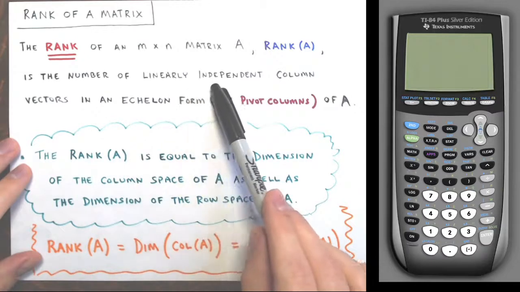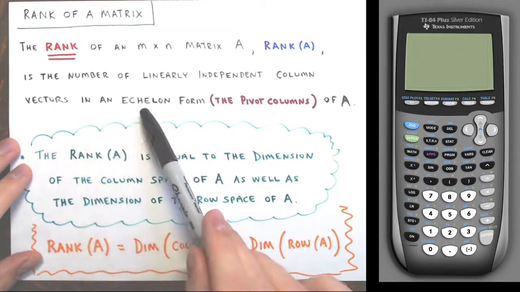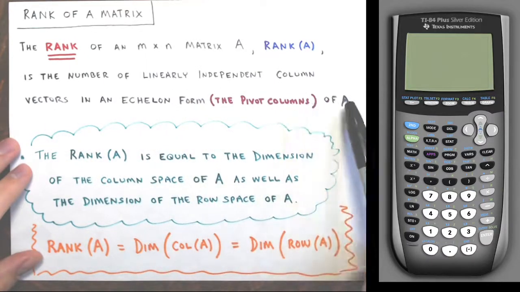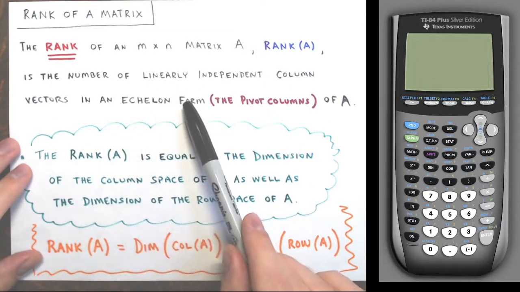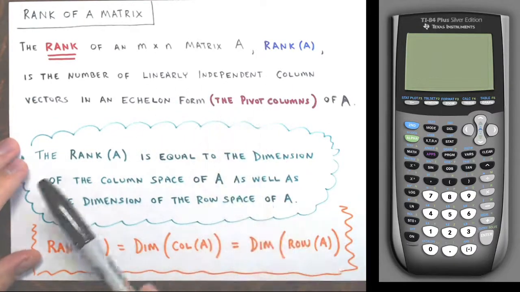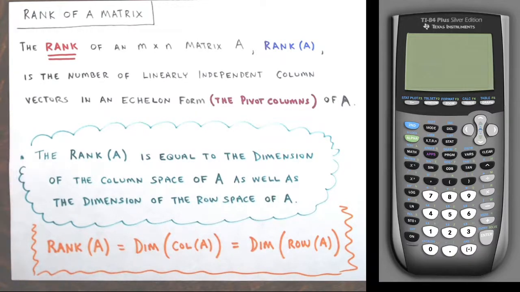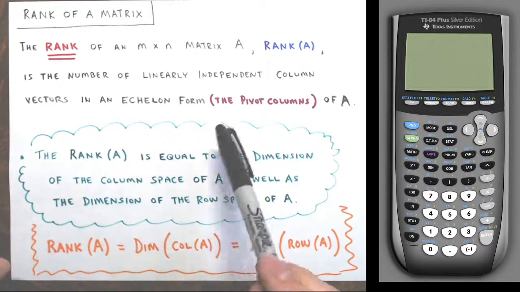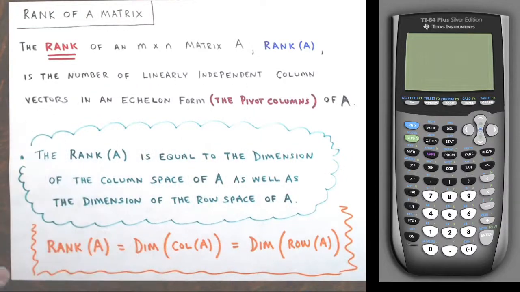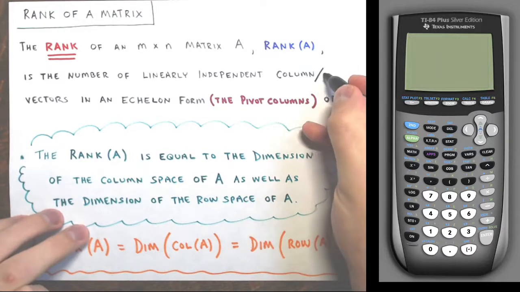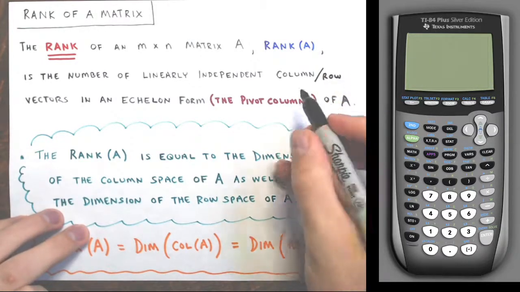These linearly independent column vectors in an echelon form we've been calling the pivot columns in a lot of videos prior. You could also say linearly independent row vectors as well. So I should really add column or row, because they'll be the same number.